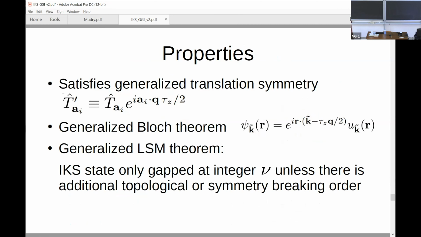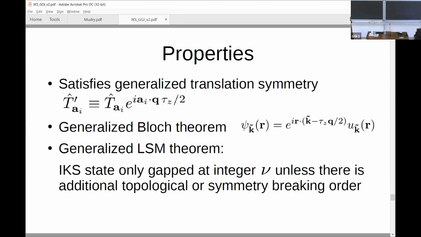And so this gives us some generalized Bloch theorem where K is now not the usual momentum, but it's this momentum that we shift by Q/2 in one valley and by minus Q/2 in the other valley. And in this sort of shifted momentum picture, we indeed just recover the usual Bloch wave functions.